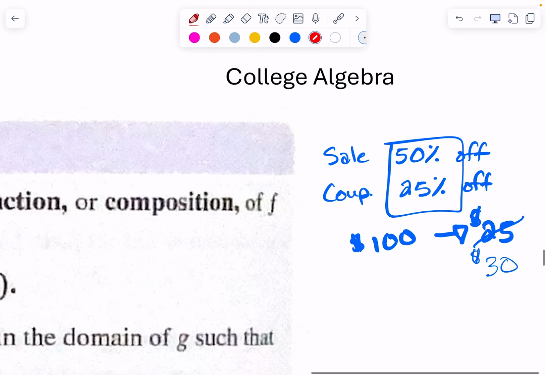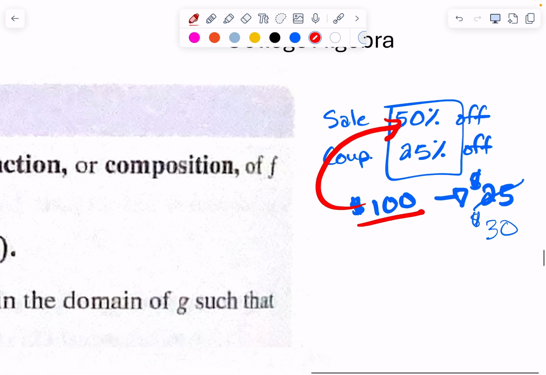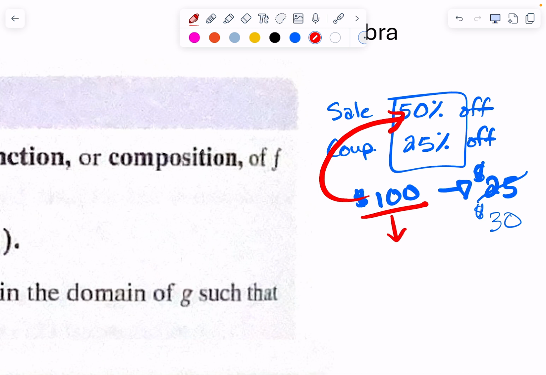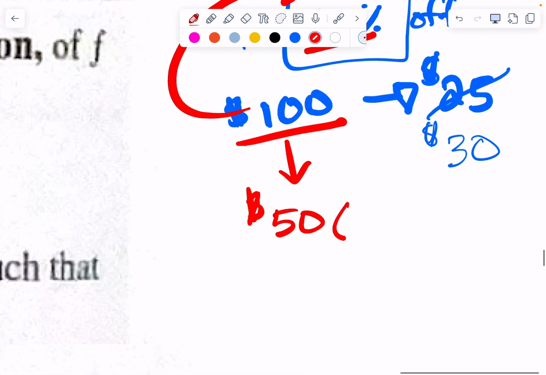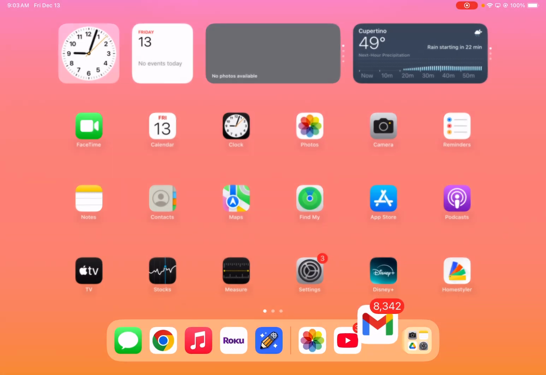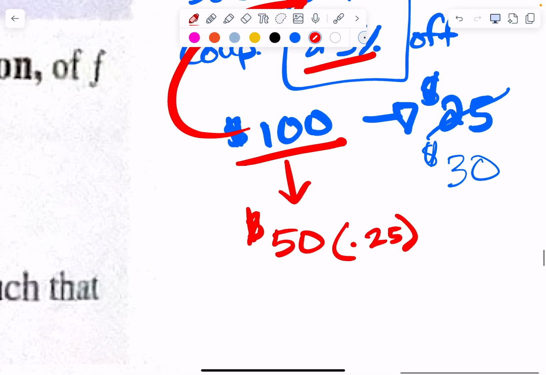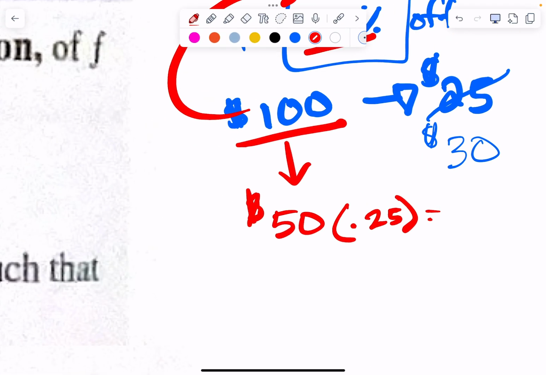So the first thing that you do is if you're buying something for $100 and you take 50% off of that, right? Now that $100 drops down to $50, because 50% off of $100 gives you $50. But now I'm taking 25% off of the 50, right? I'm composing them. So 25% off of 50 is $12.50 off.